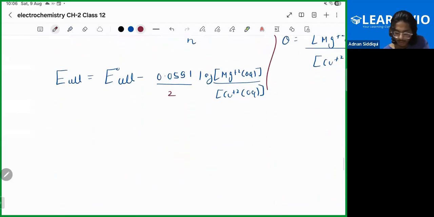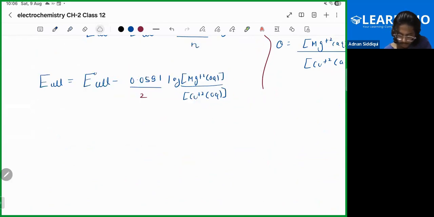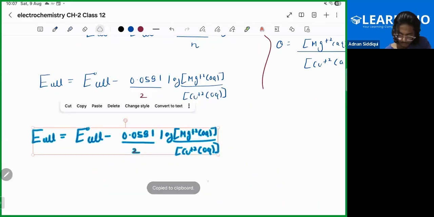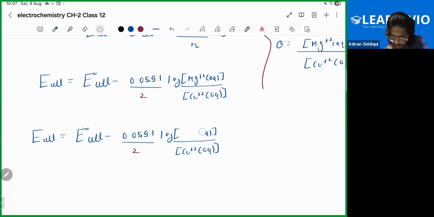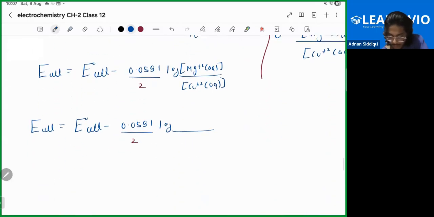So I'm going to take the values here like this. Is it clear till this point? Yes, sir.